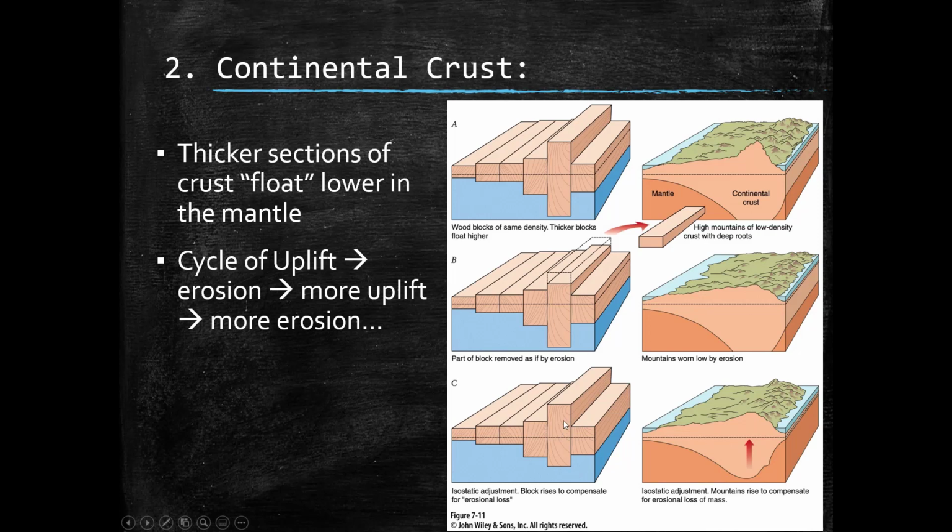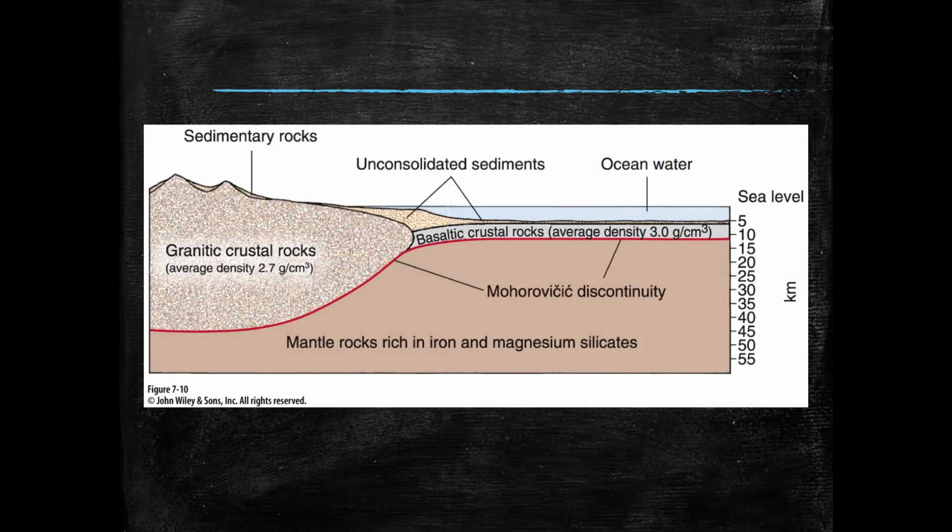So the Moho will become shallower at this location, but it will also create a new highest elevation. This is still the highest elevation of the mountain, so this will get eroded as well. It will create a cycle of uplift, followed by erosion, followed by more uplift, followed by erosion. And so you can end up with tremendously thick packets of sediment that get eroded from mountain ranges.